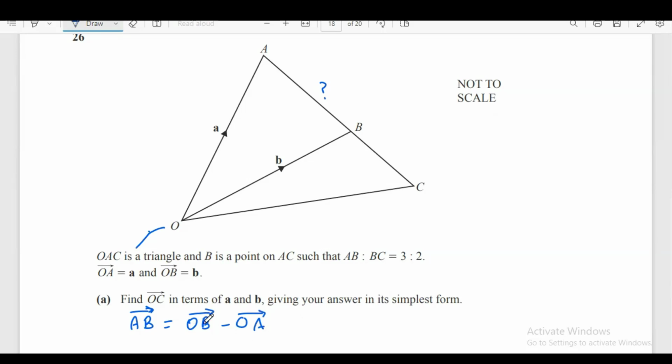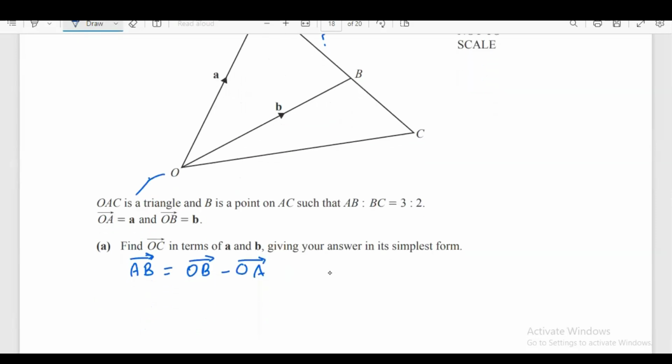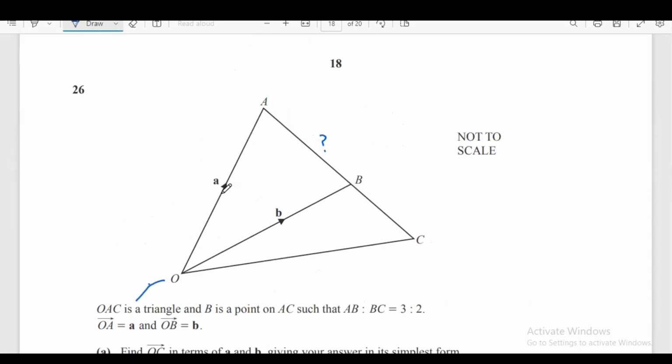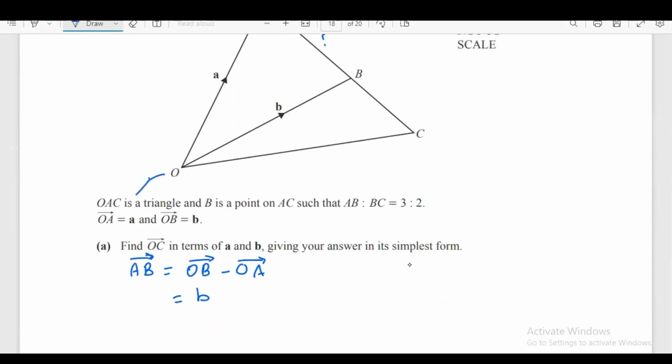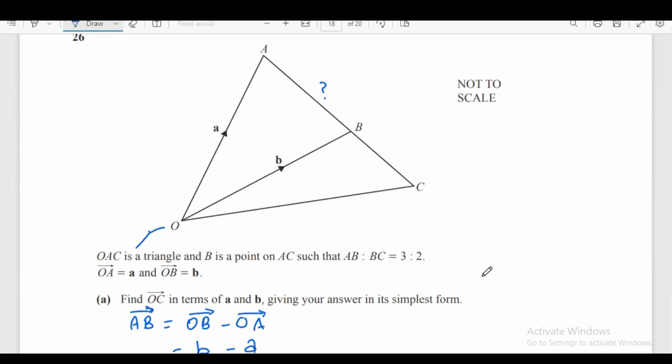So the value of vector OB is b here, and the value of OA is small a. Don't change the font, write down this font. This is vector AB here. So write down vector AB, which is b minus a.